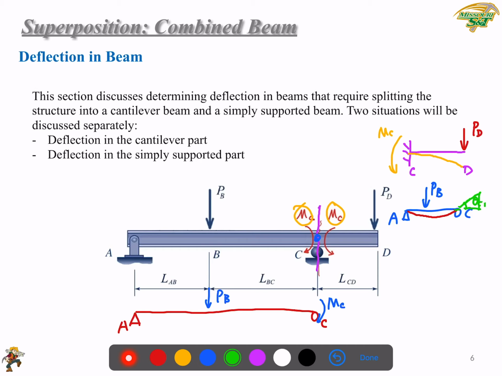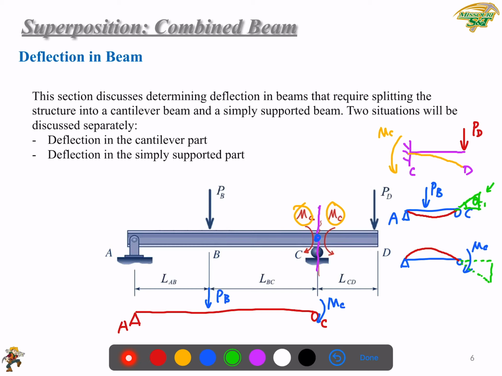And this AC will also be bent due to this moment MC, so it will be bent in this way. After this bending, of course, you will get another triangle. The first component here is the upward deflection.